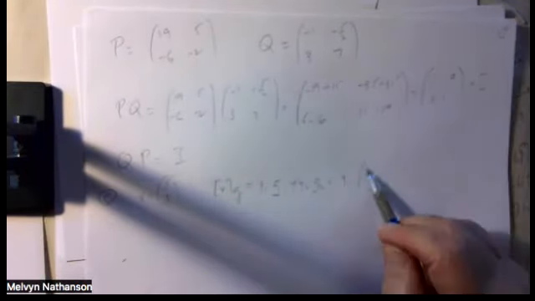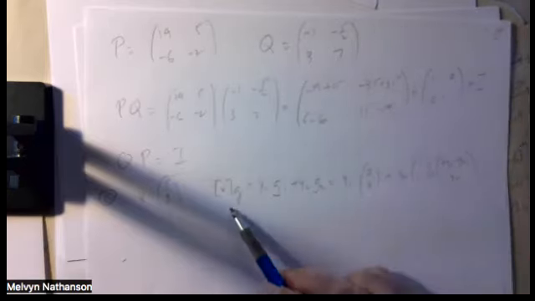So I want to find this as Y1 times G1 plus Y2 times G2. G1 is the vector 2, 0. G2 is the vector 1, 1. So this is 2y1 plus y2, y2. And that's supposed to equal the vector 5, 3. Which means y2 is equal to 3.